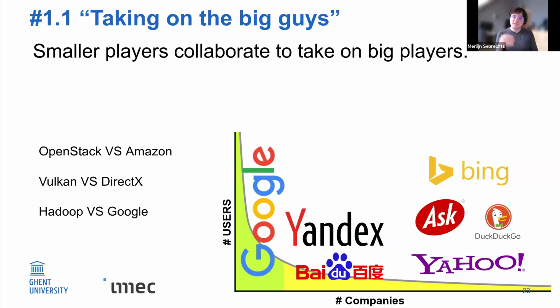Because by themselves, every single company would not have enough money in order to invest in the software, in order to create a product that is competitive. But if they all work together, they are able to create a product that's competitive.